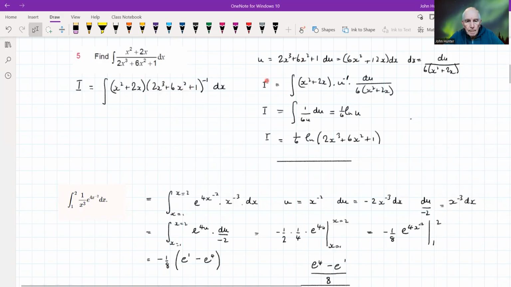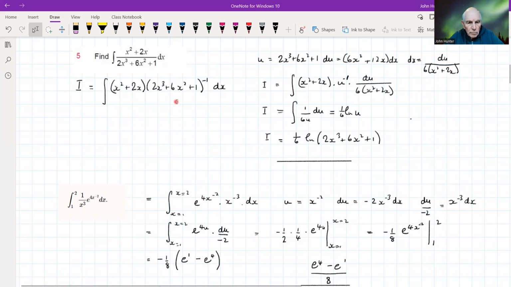So if we do the substitution, now we've written it out like that, it's fairly obvious what the substitution is. u equals 2x cubed plus 6x squared plus 1, giving us du equals 6x squared plus 12x dx, and dx equals du over, taking 6 outside by factorizing, x squared plus 2x.